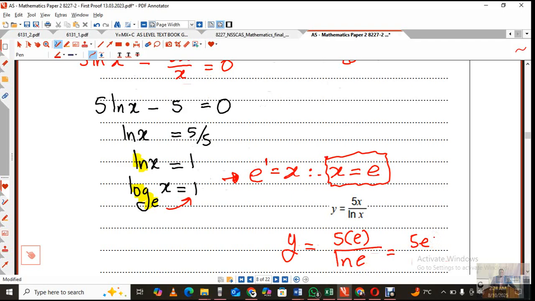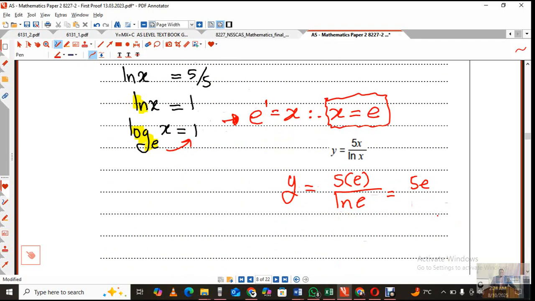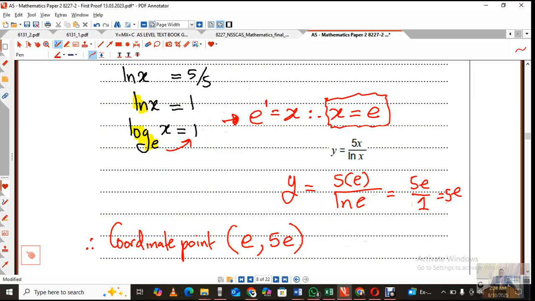Now, the natural log of e is nothing but 1, which renders this answer just 5e. So the coordinate of the stationary point is e for x and 5e for y.